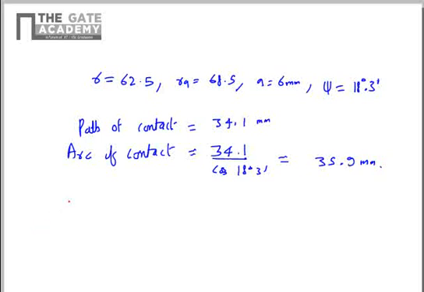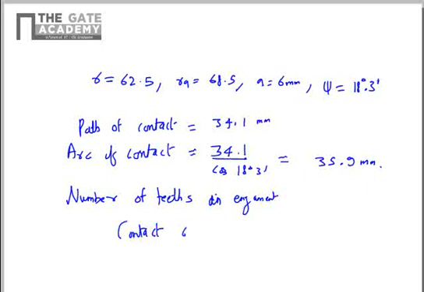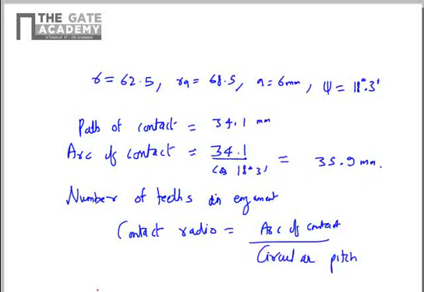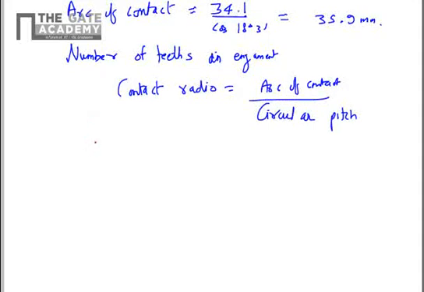Now for finding the number of teeth in engagement, that is found from the contact ratio. The contact ratio is defined as arc of contact divided by circular pitch. So for that we need to find the circular pitch. Circular pitch is equal to pi d, that is the circumference of the circle, divided by number of teeth, pi d by t.